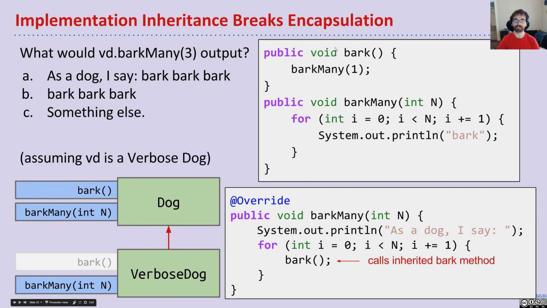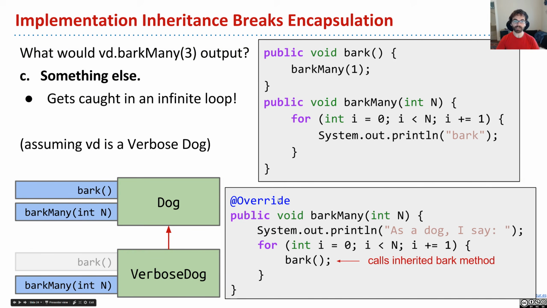This bark method executes, and it calls this.barkMany(1). What is the dynamic type of this? The object in question has a runtime type of VerboseDog, so we call the barkMany method with 1 as an argument. This in turn calls the bark method, which calls the barkMany method, which calls the bark method, which calls the barkMany method, and we get caught in an infinite loop.